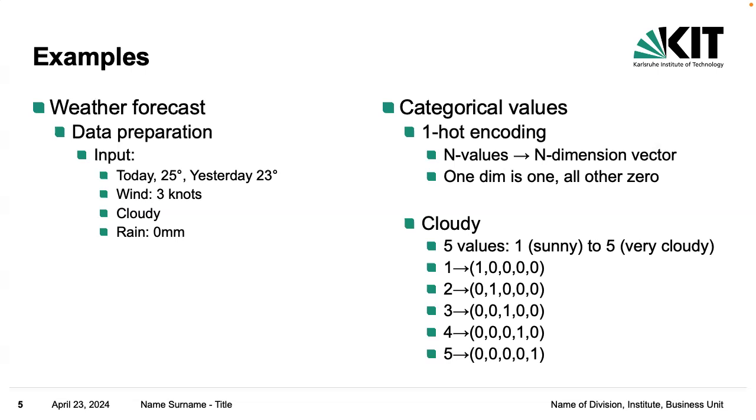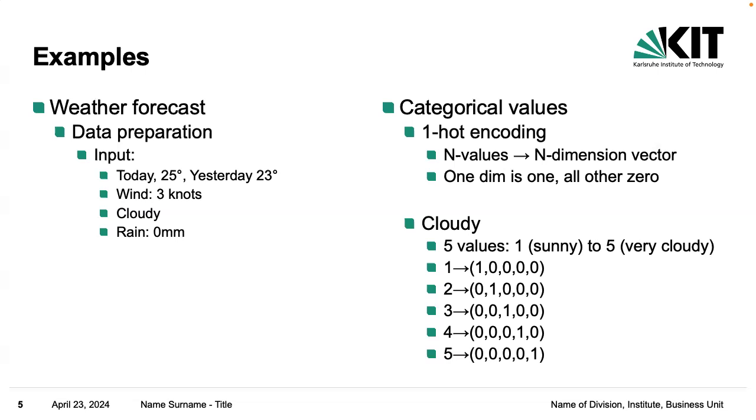If you think about the number of classes, they have to be fixed. It's not like you can later say, oh, there is a new class, now we introduced a very, very, very cloudy weather and it's a 6.